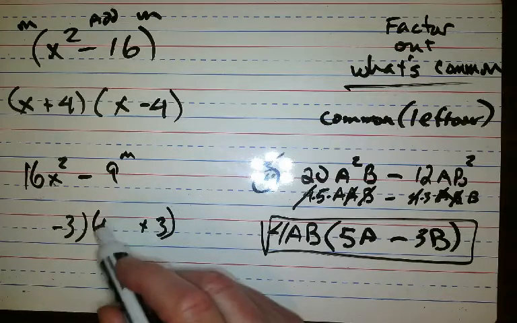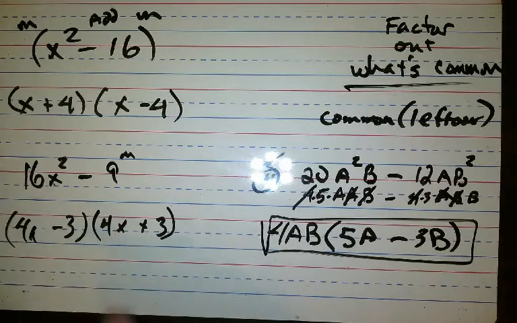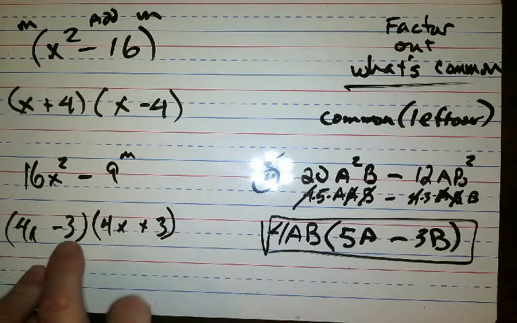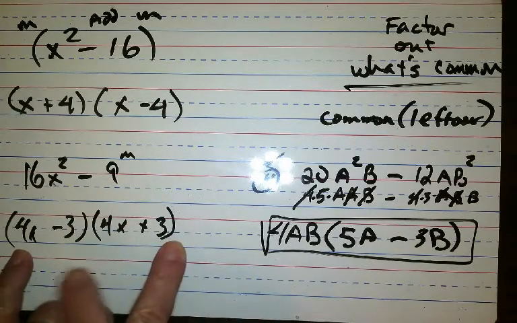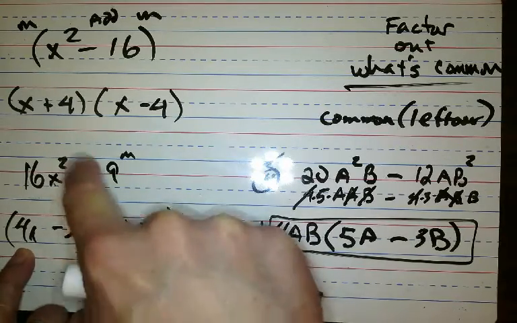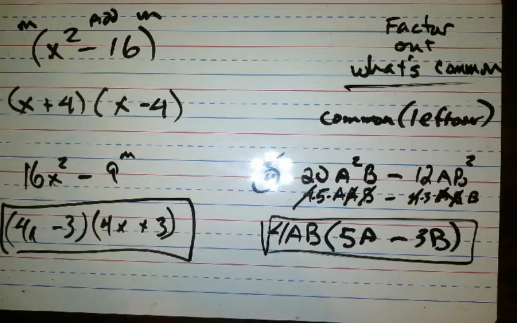And to be 16x squared, it'd have to be 4x and 4x. Now let's check it out. 4 times 4 is 16. 3 times 3 is 9. This is outside and inside now. Outside is 12. Inside is negative 12. Adds up to be 0. That's the special case. Right? I think so.